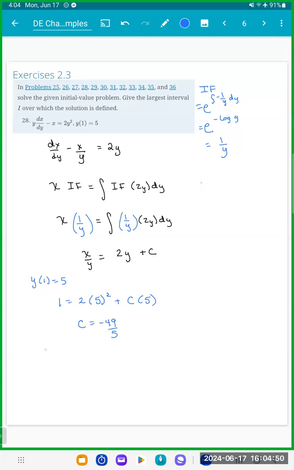So we would plug in and have x equals 2y squared minus 49 over 5y. And so that solution is defined on that interval, where I is equal to 0 to infinity.